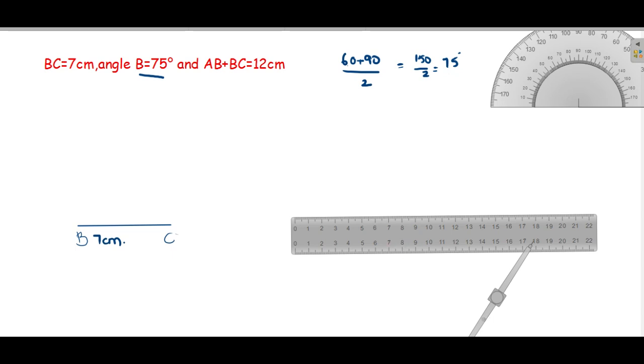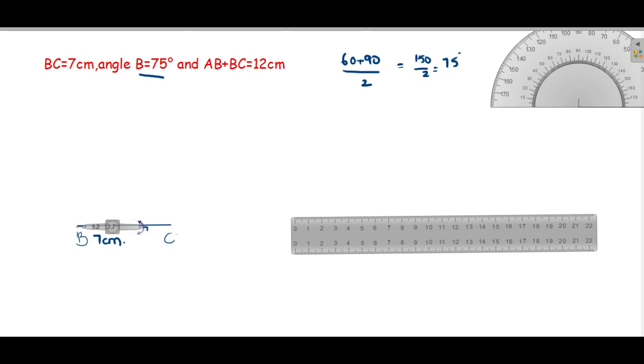So we will take the compass. As you are already thorough with this, it will be now easy. Learn the construction of the angles thoroughly. Now we will place the metal pointer at point B. We will measure the radius of the compass so that it is more than half of BC.